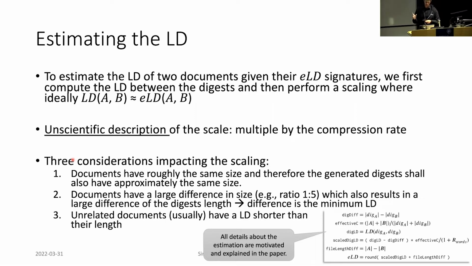And the last point: unrelated documents usually have a Levenshtein distance that is shorter than their length. This means if you take two English texts that both have 100,000 characters, their Levenshtein distance will not be 100,000, because every text contains e's. So you can do it more efficiently than using 100,000 substitutions to go from one text to the other.